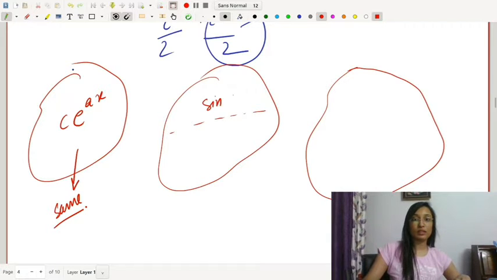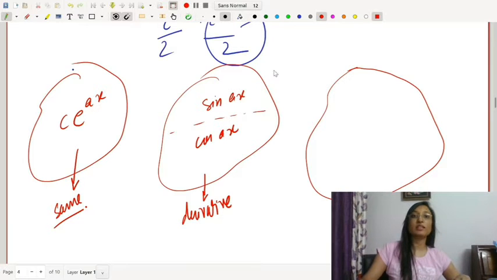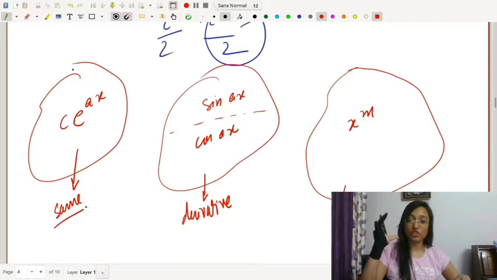And sin ax और cos ax, डेरिवेटिव रिपीट हो सकता है इसमें. मीन्स या तो इसकी फॉर्म का होगा या इसकी डेरिवेटिव की फॉर्म का सॉल्यूशन होगा हमारे पास. x raised to power n उस टाइप के बेसिकली फंक्शंस जिसमें डेरिवेटिव एक स्टेज के बाद इवेंचुअली वैनिश कर जाता है, आइडेंटिकली जीरो बन जाता है. सो पॉलिनॉमियल टाइप के फंक्शंस, इनके लिए हमारे पास एक पर्टिकुलर टाइप ऑफ मेथड होता है पर्टिकुलर सॉल्यूशन निकालने का.